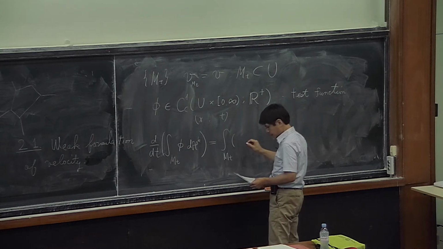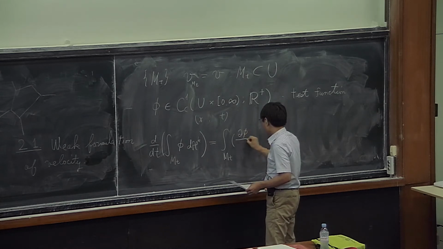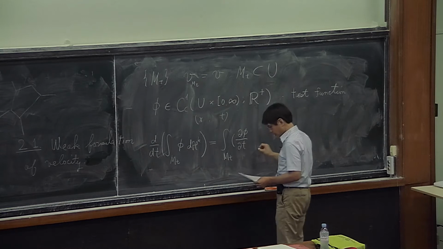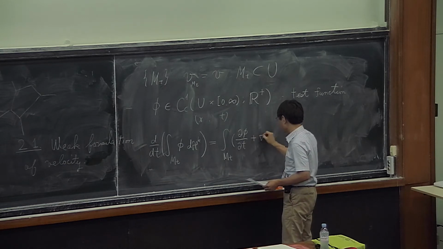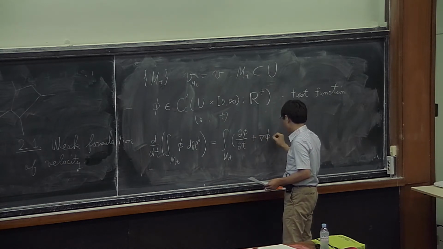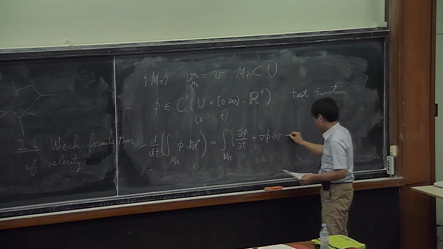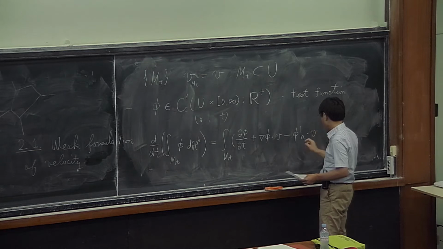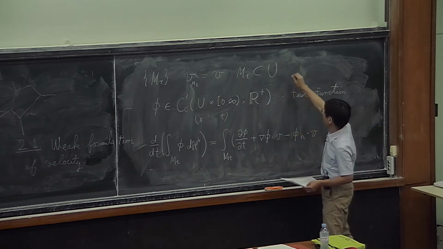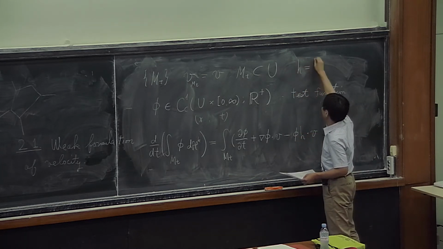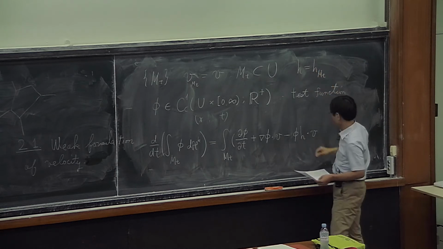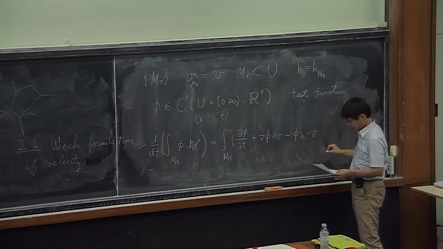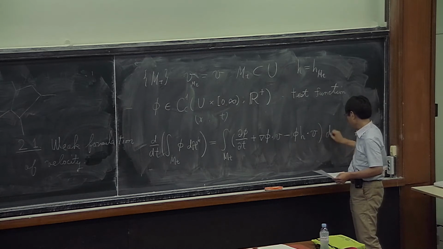First you have a time derivative, then the next term is phi dot v, and the last term is phi times h dot v, where h is h of mt, shorthand for that, and that's all. Okay.